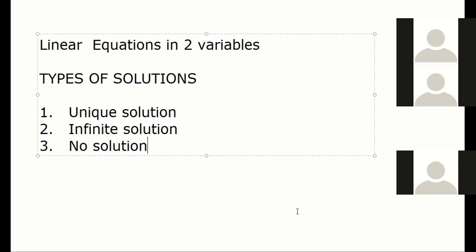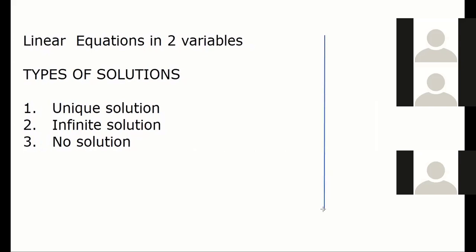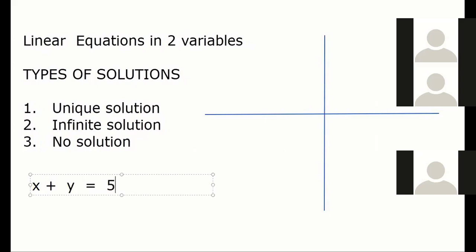Now tell me everybody, before I start doing this, everybody knows how to draw an equation on a graph? Suppose this is your xy plane. And suppose I give any equation, for example, x plus y equal to 5.